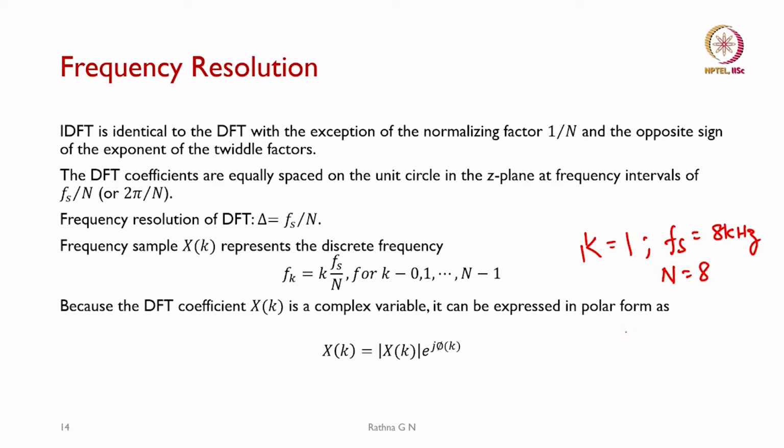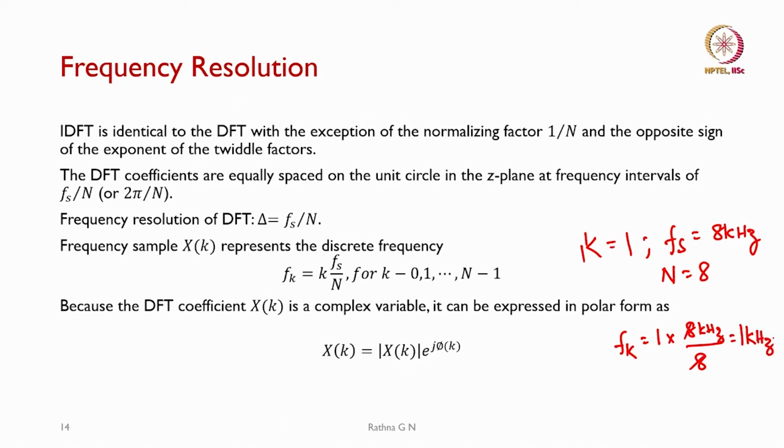Then the frequency fk component in this case is going to be, k is 1 and I have chosen 8 kilohertz as my fs, divided by the number of samples, which is 8.